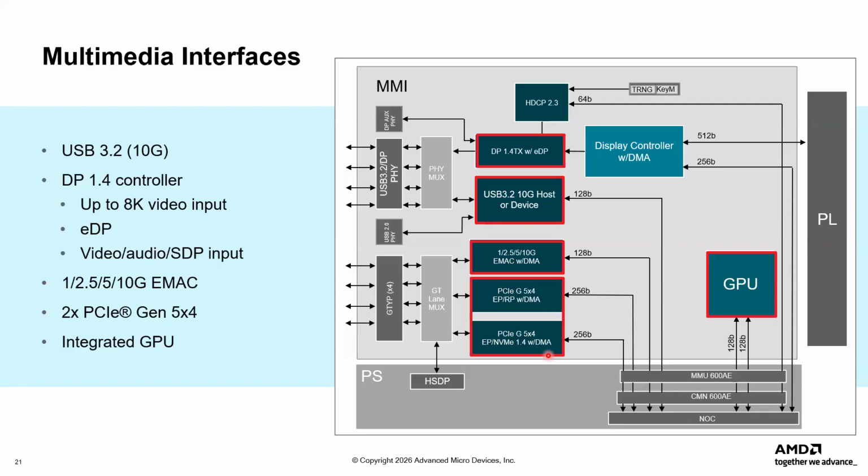And that can do like 8K video input. You also have eDP, and then you have video audio SDP inputs. So all this is part of the DP protocol. And basically DisplayPort, for those of you that are not familiar with it, a lot of things in the past have been done, I mean, originally it was done, of course, over VGA, then HDMI replaced that.